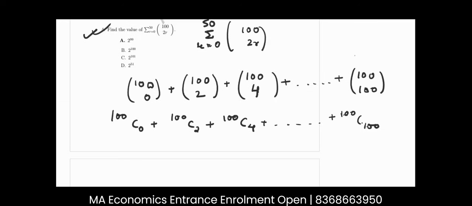And those 3 properties are very, very important. So let's just do those 3 properties once. Property number 1: NC0 plus NC1 and so on till NCN. This is 2 raised to the power n.